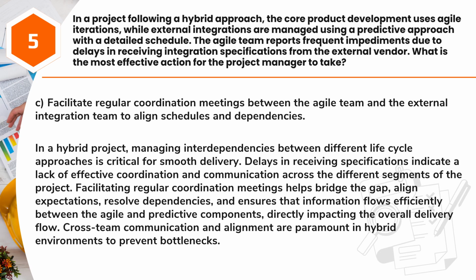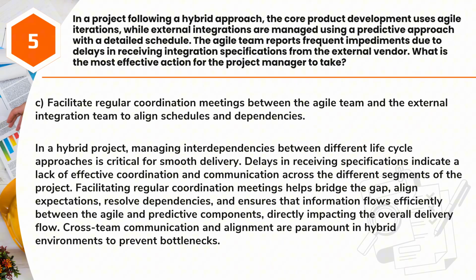Answer: C. Facilitate regular coordination meetings between the Agile team and the external integration team to align schedules and dependencies. In a hybrid project, managing interdependencies between different life cycle approaches is critical for smooth delivery. Delays in receiving specifications indicate a lack of effective coordination and communication across the different segments of the project.